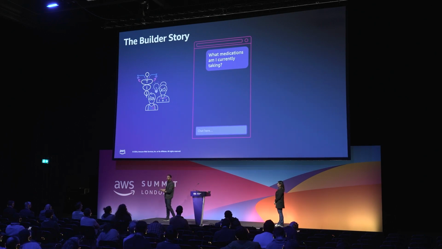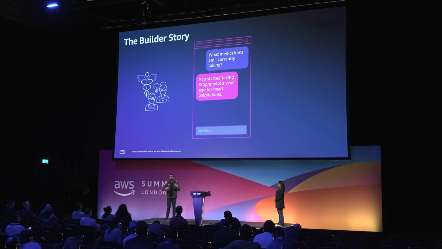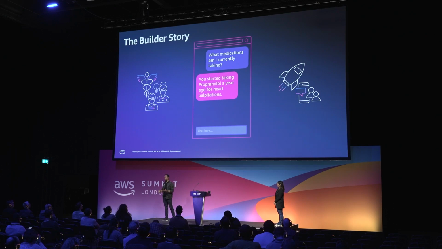Some stuff is going to happen in the background, and with GenAI, you're going to get a natural language response based on the information that's stored in the database. Time to market is important. Business wants agility. Business wants you to be developing this fast, and out there as quickly as possible.